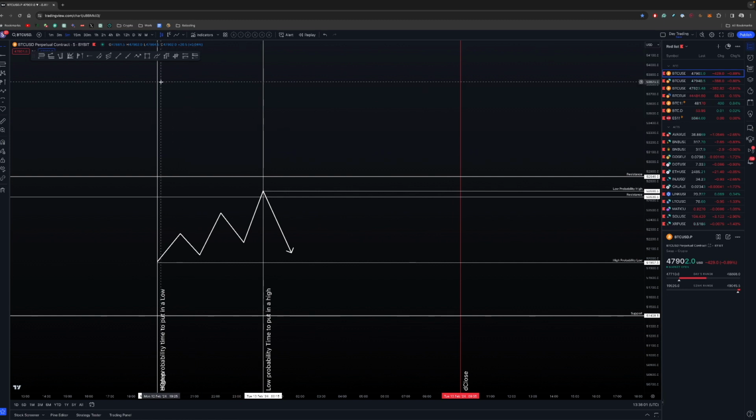And this happens, as we will see, quite a bit. Then what we know is we have a high probability low and a low probability high. So this seems high probability to be taken out today, and this has a higher probability of holding.